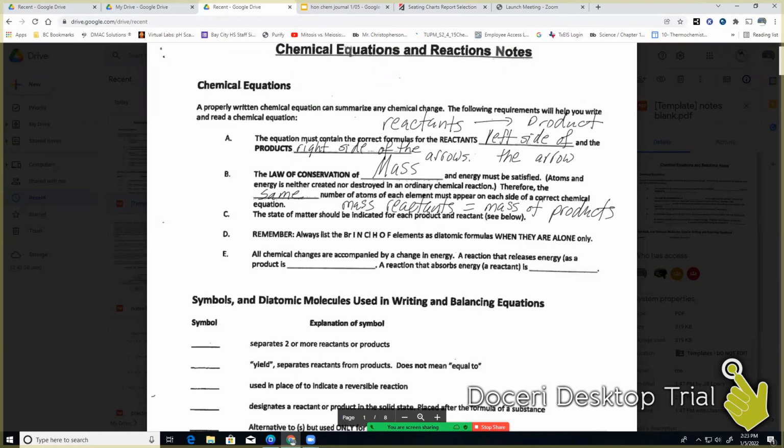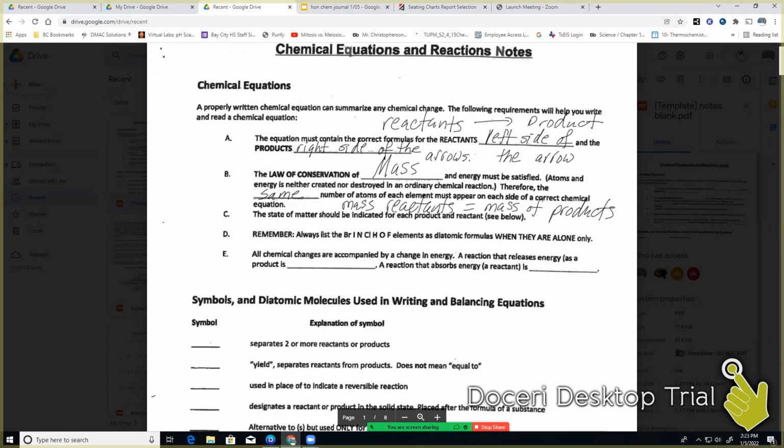The state of matter should be indicated for each reactant and each product, and we're going to talk about some of those representations farther in the notes. We'll concentrate on it a little bit during Chem 1, but really that's something you cover more in AP chemistry or college chemistry. All chemical changes are accompanied by some type of change in energy.